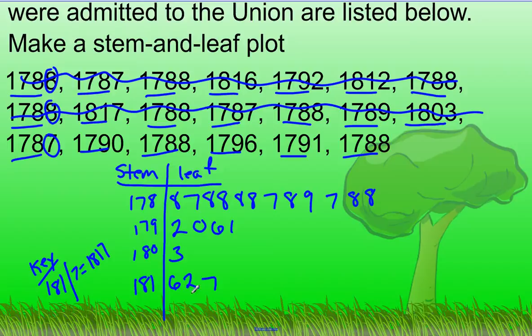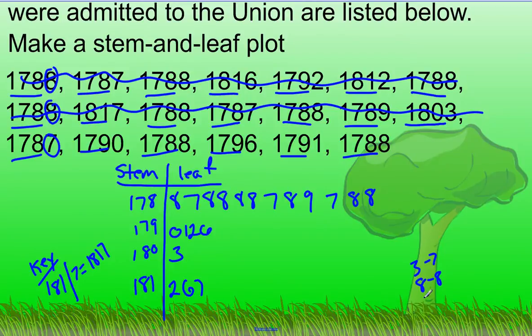So I'm going to start at the bottom. So there should be 2, 6, 7. 0, 1, 2, 6. I need 3 7s. 8 8s.